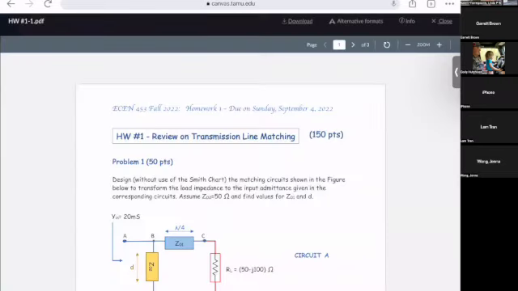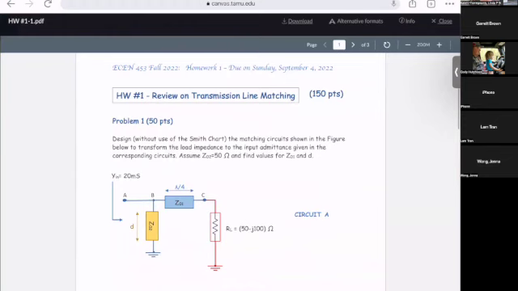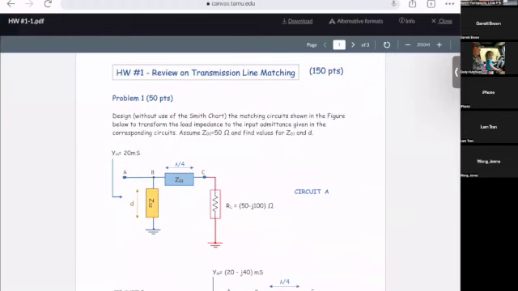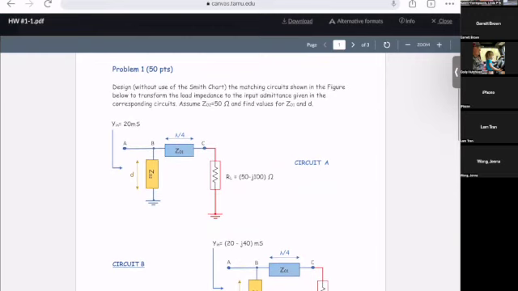Okay, so what you see here is similar to the combination of the two problems I gave you for the first one, but I am asking you to find D. So D is not known and Z01 is not known.